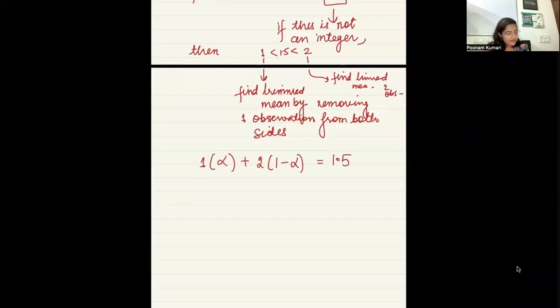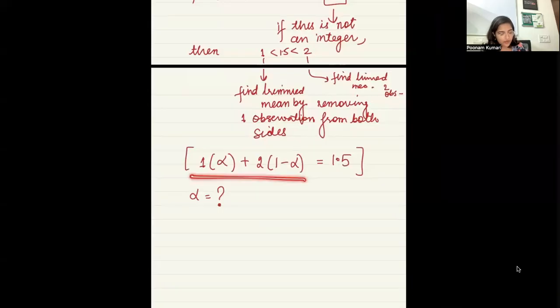So you have to find the value of alpha, the alpha value which is giving you this 1.5. So basically you have to see what alpha value will bring 1.5 here. If we want it to be 1.5, alpha should be 1 by 2, right?